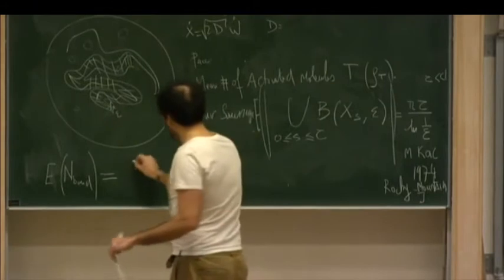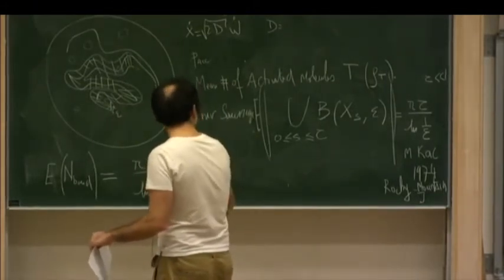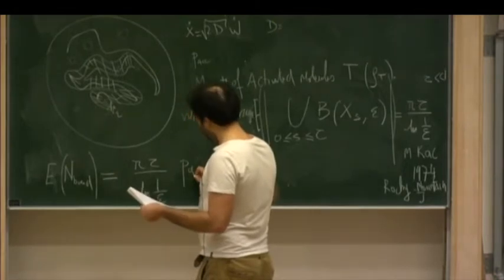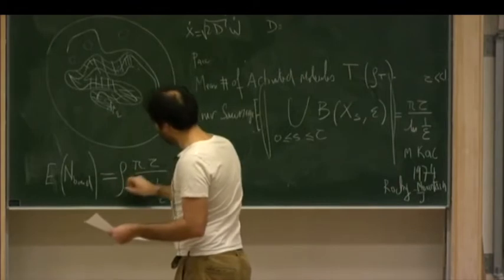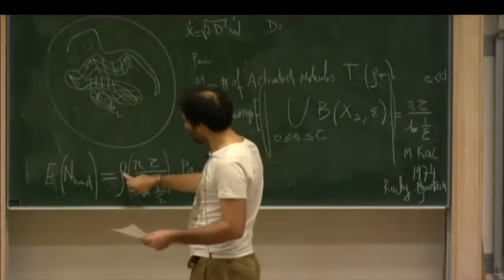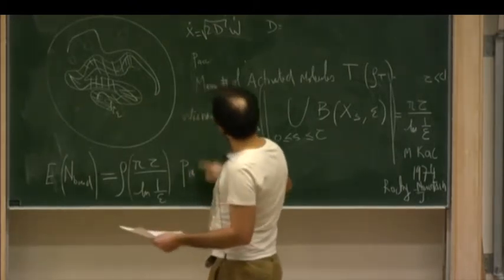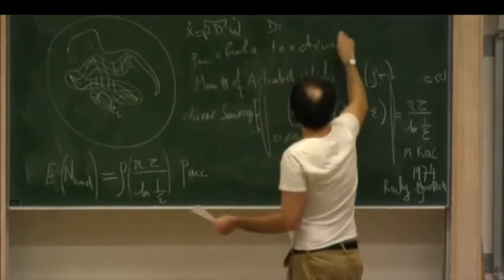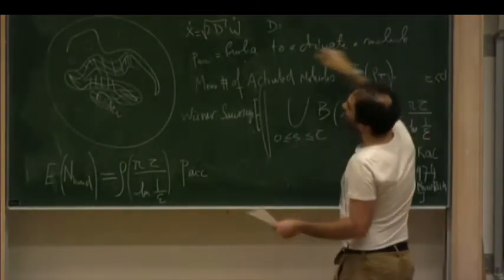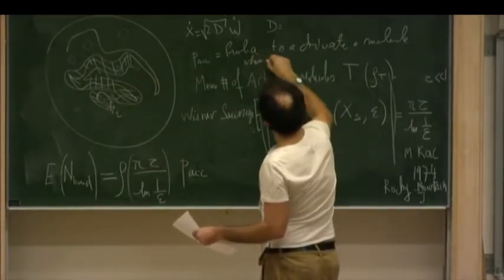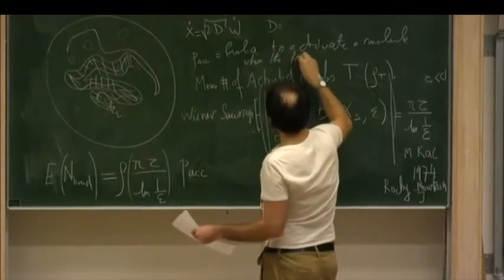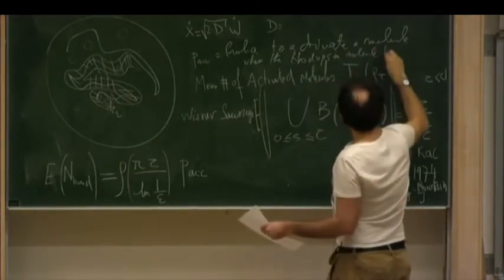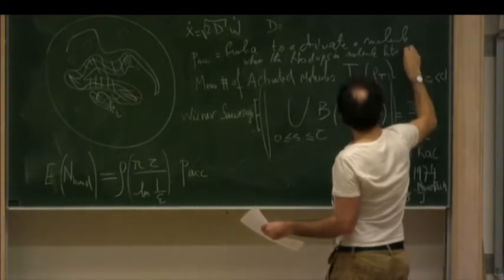So this is pi tau over log of 1 over epsilon, multiplied by the probability of activation, multiplied by the density, because the surface multiplied by the density is a number, and this is the effective probability to activate a molecule when the rhodopsin molecule, or any kind of molecule, hits it.